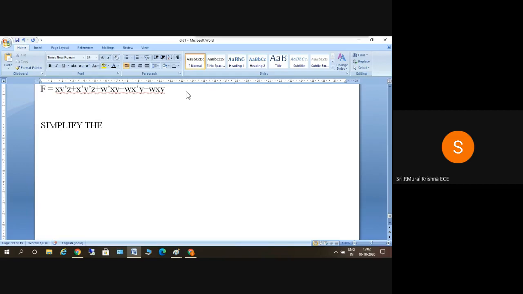Okay, so simplify the expression using Boolean algebra. So this is one method.